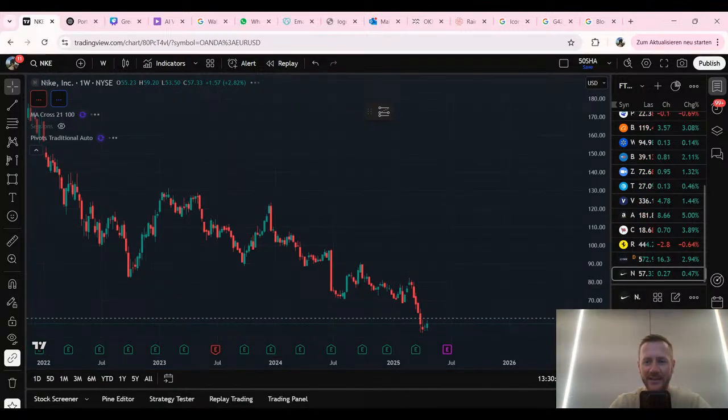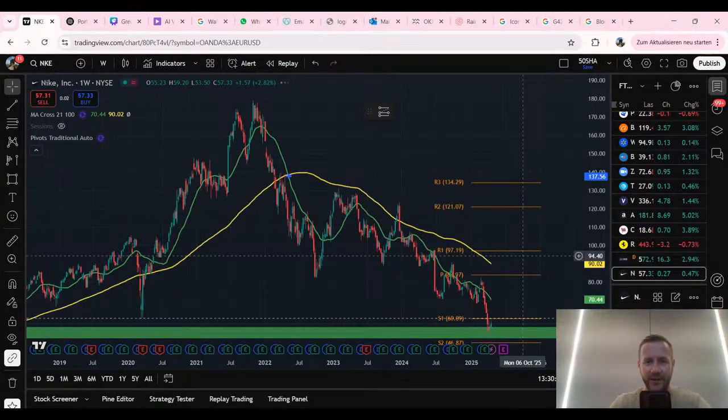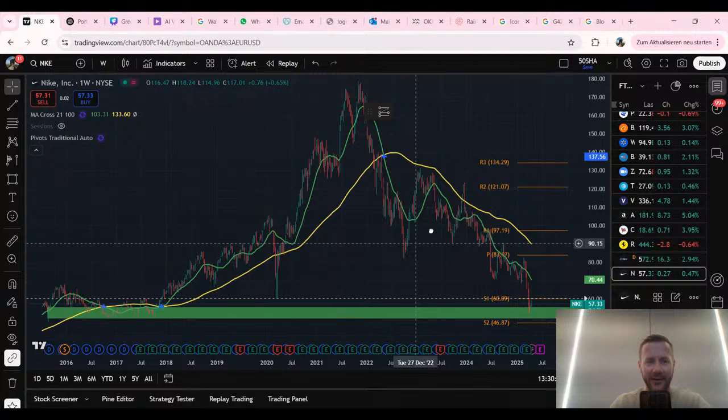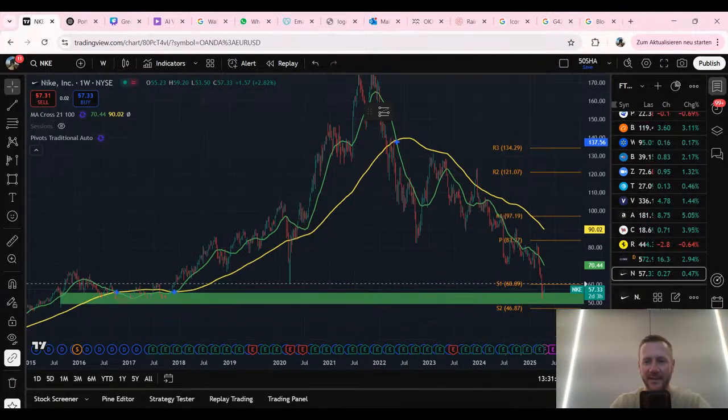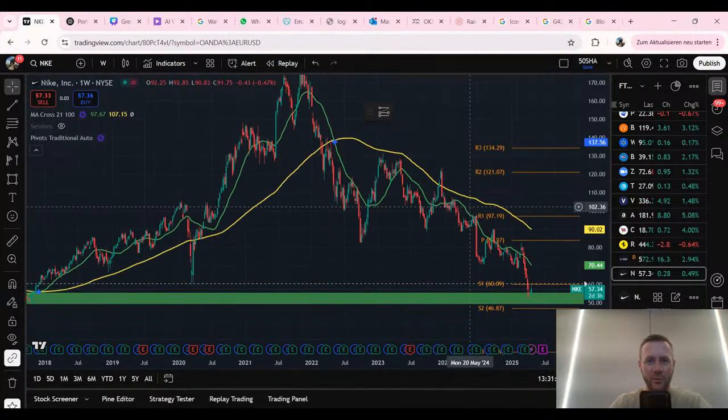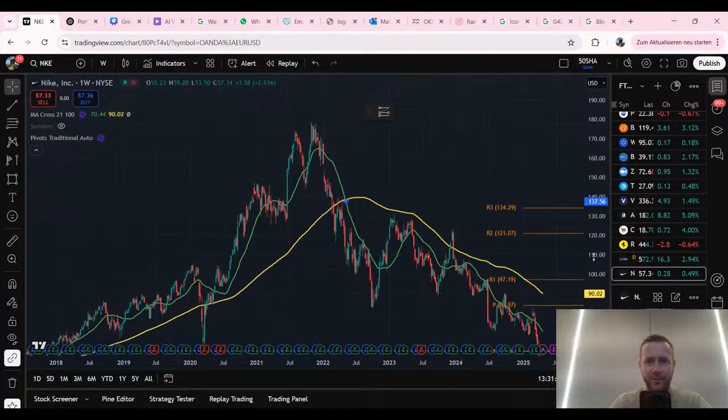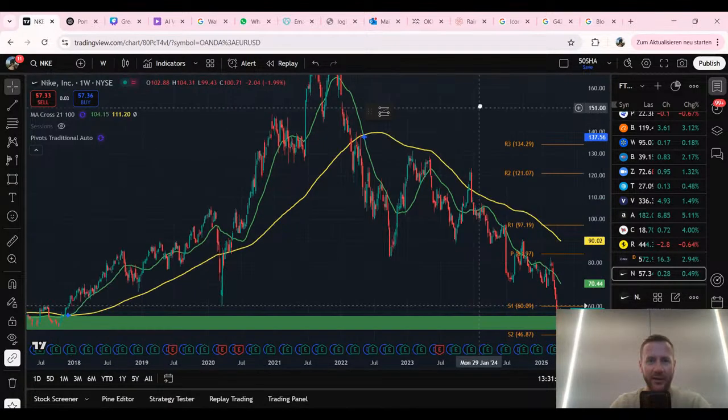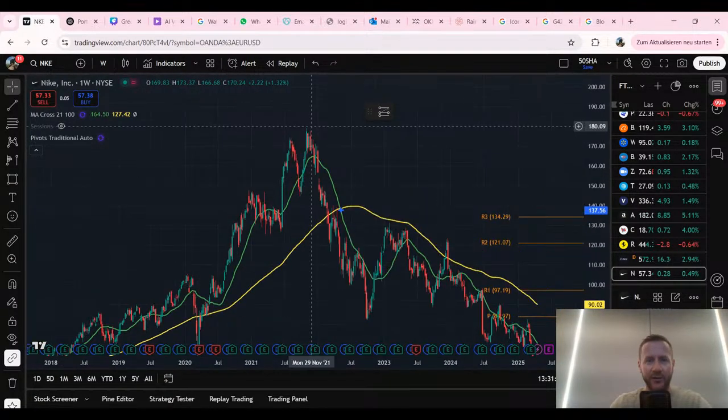And Nike is right now very, very discounted, and amazing for me. It's a huge buy. What happened with Nike? The stock price came from all-time high levels, around 180, right?